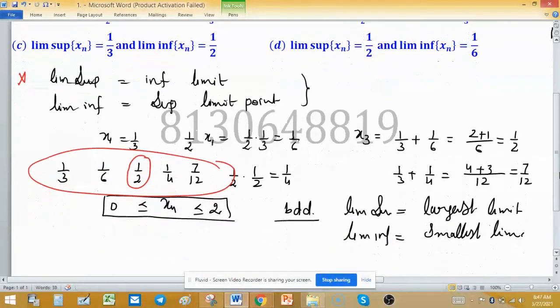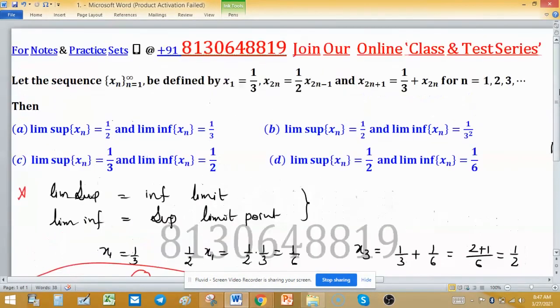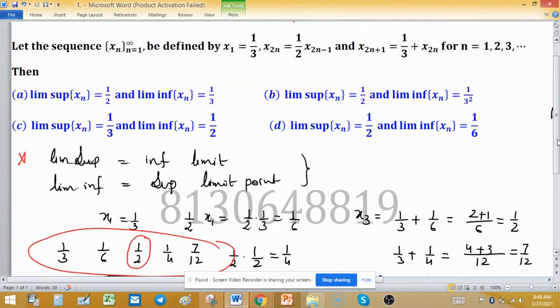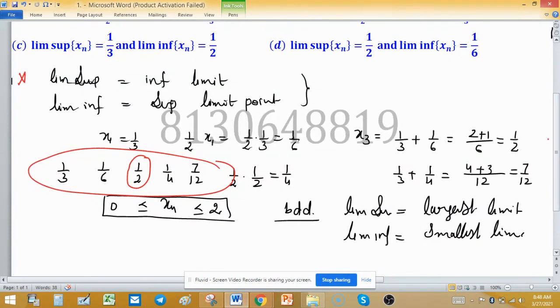So for limit inferior, a few possibilities are 1 upon 3, 1 upon 3 square and 1 upon 6. Now again come to these few terms, you can say that 1 upon 6 is the smallest in these few terms.